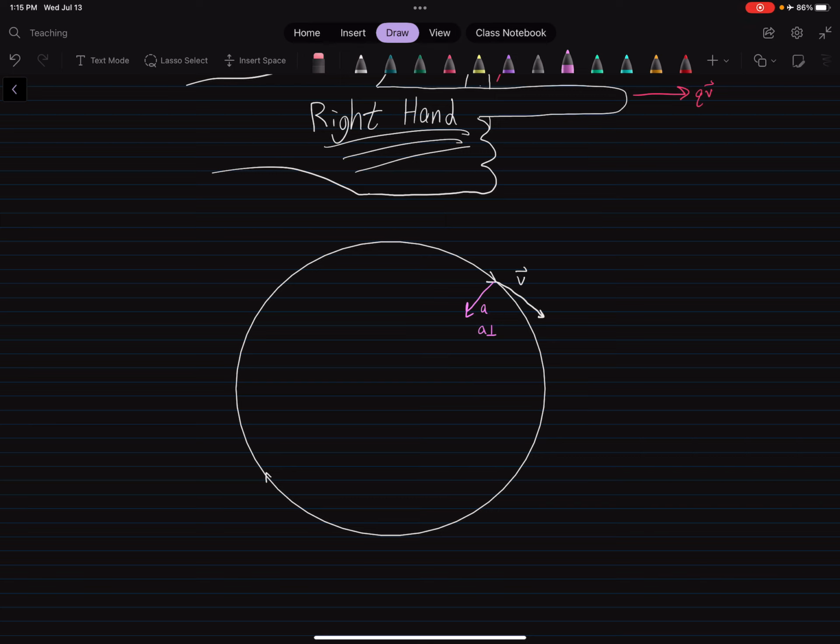Not A tan, A rad is this one, because it's perpendicular to the tangential velocity at any given moment. So at that moment, what direction it is traveling, and then what acceleration it is experiencing radially inwards. And that's this A rad here, and that's the reason that it changes its direction at all.